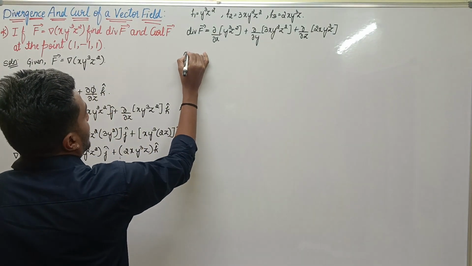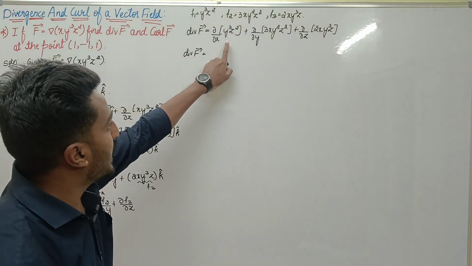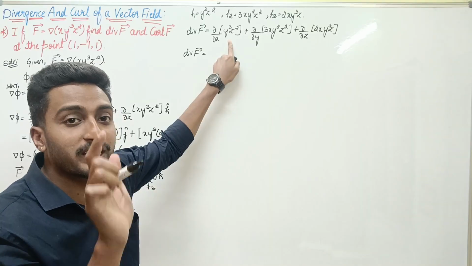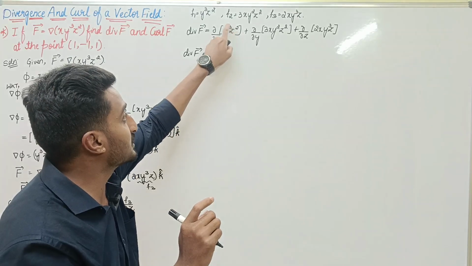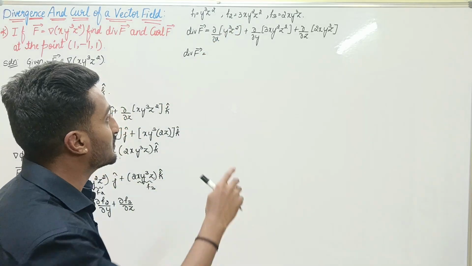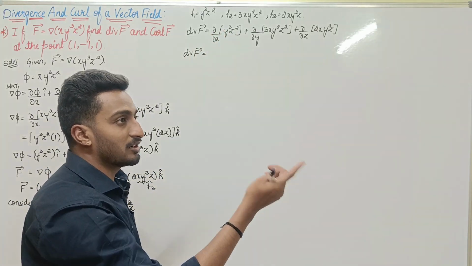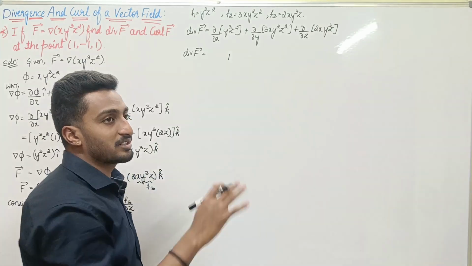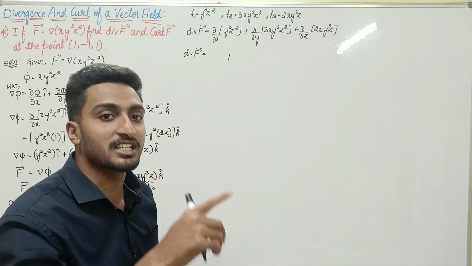Is there any x variable in f1? No. Y cube z square is constant, and differentiation of a constant with respect to any variable is 0.